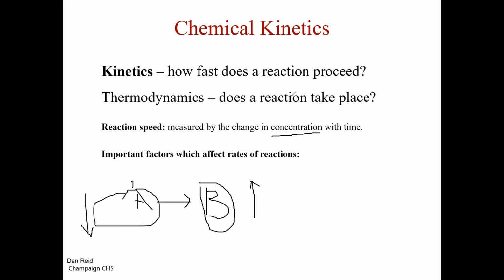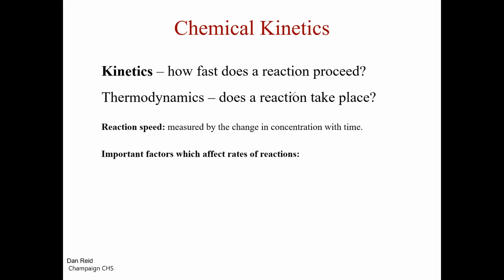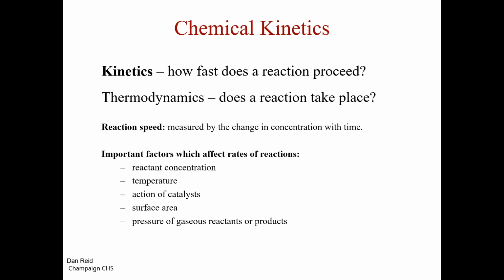Okay, then the next thing under this, we have the factors. So we are now going to look at them one after the other. We have reactant concentration, temperature, action of the catalyst, surface area, and pressure of gaseous reactant or products.